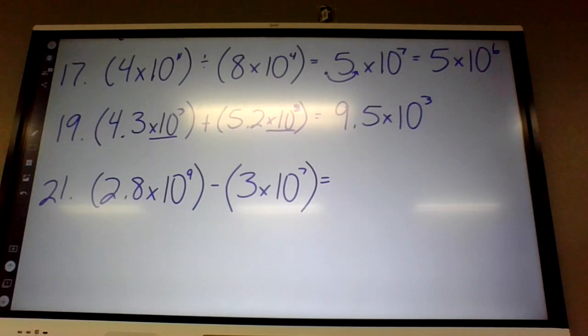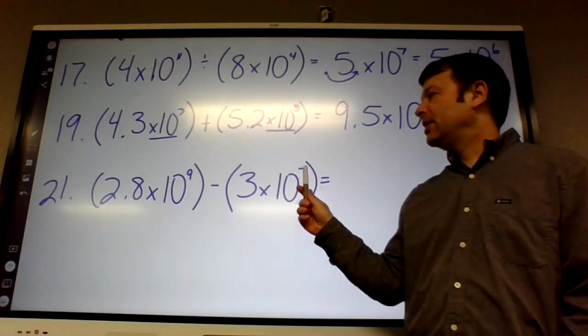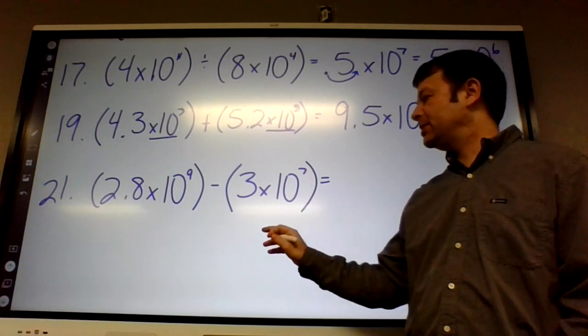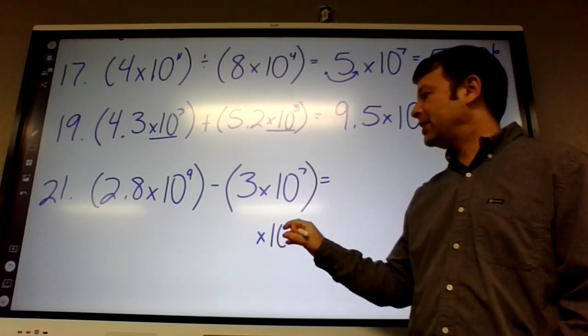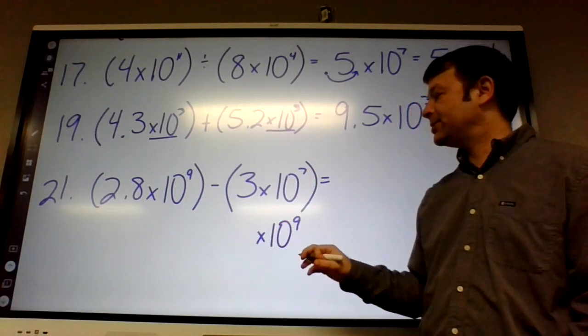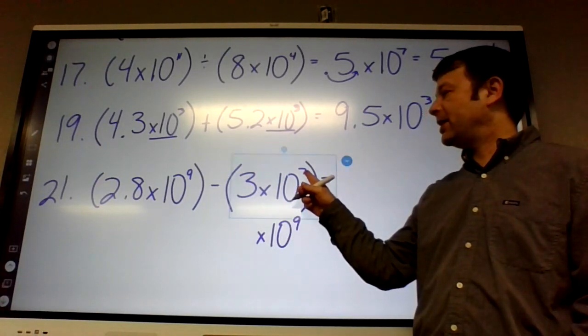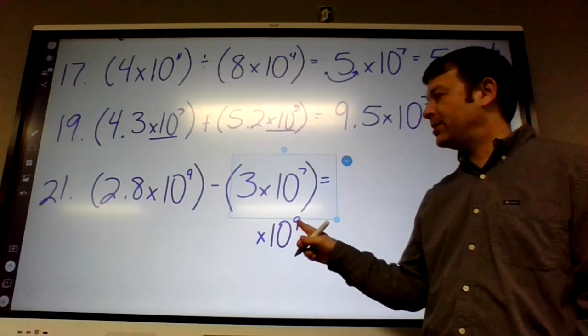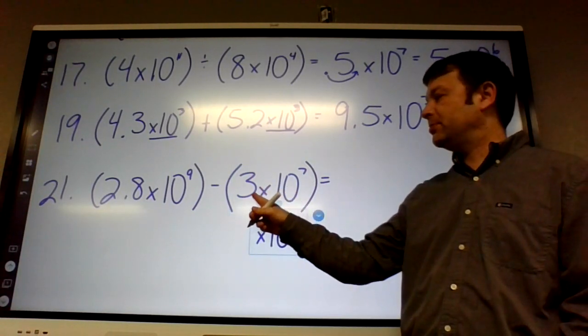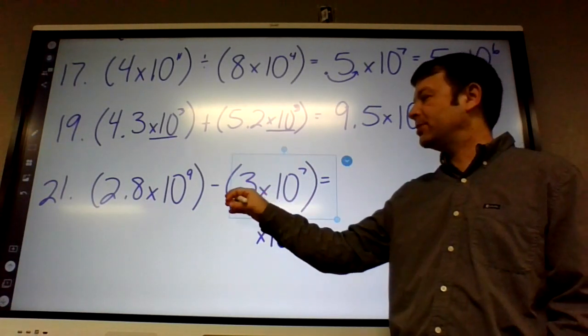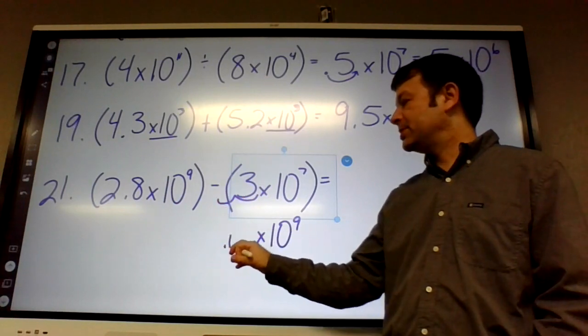So, we need to make them like terms. I'm going to turn this one into 10 to the 9th. But if I do that, guess what? You have to make the 3 different. I made the exponent 2 bigger, so I'm going to make that one 2 smaller. Move the decimal 2 places. 0.03.